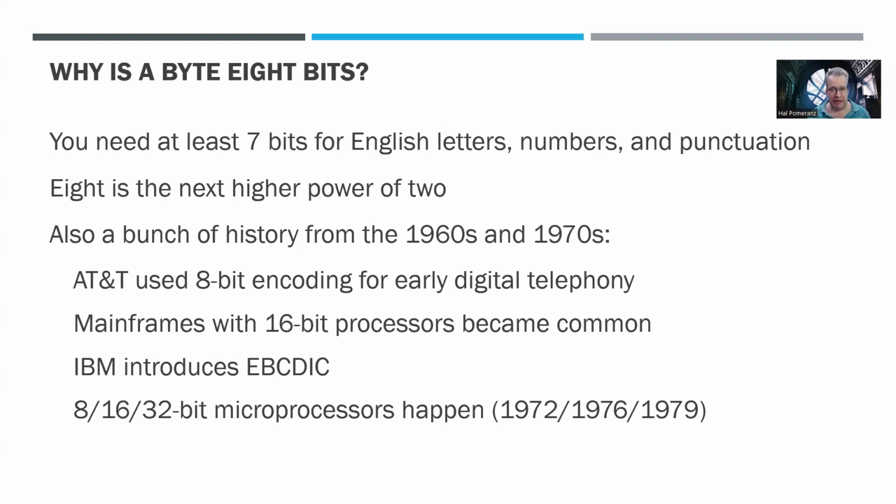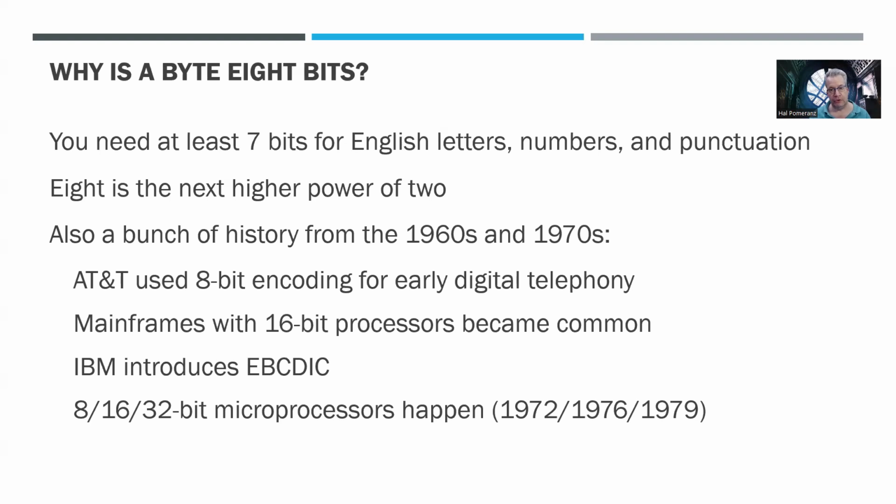In the 1970s, we started seeing commercial off-the-shelf microprocessors being created. First 8-bit, then 16, and then 32-bit microprocessors. So this would be a generic processor like the 8088 or the Motorola 68000 series processors.